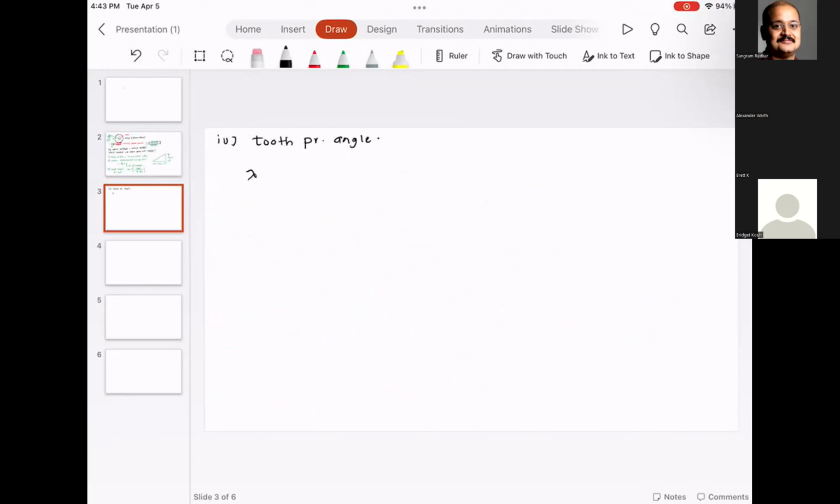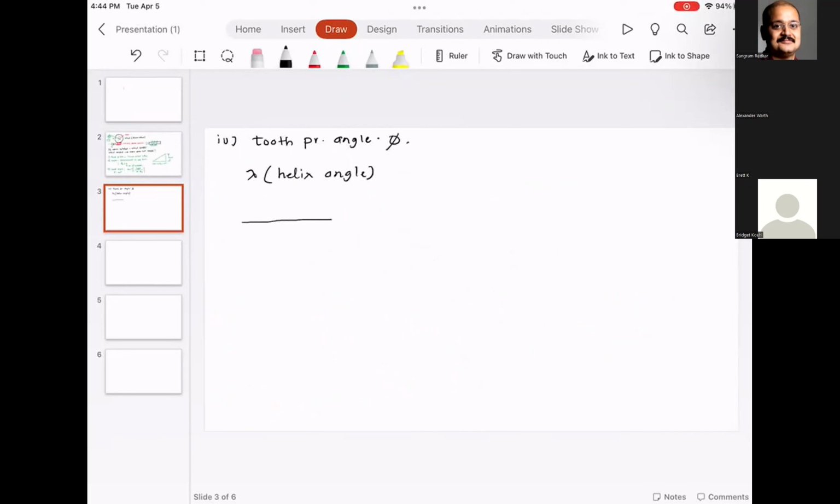And tooth pressure angle depends upon lambda, which is the helix angle, and tooth pressure angle is phi.